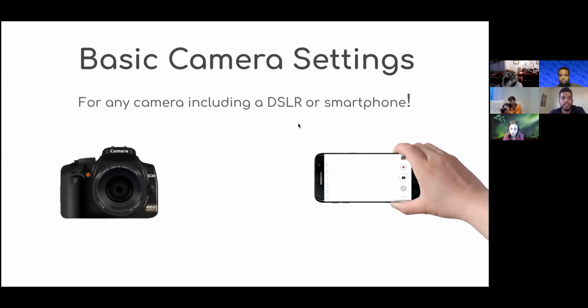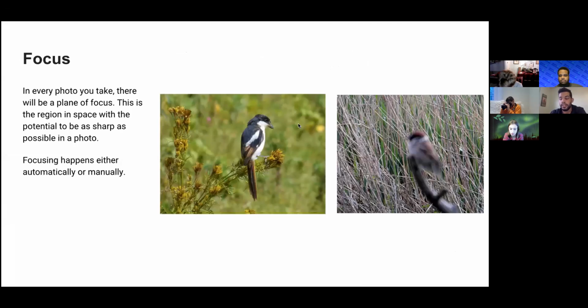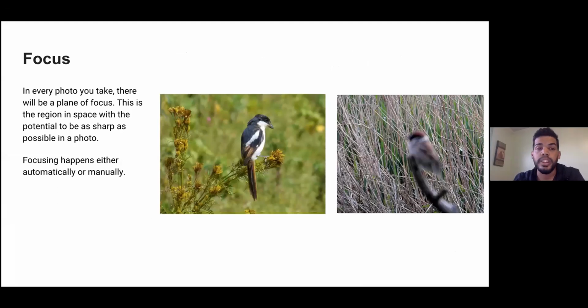There are a couple of things that we're going to go over. One is focus. In each photo, you can have different things stand out. As you can see in this picture, we have the bird that is very sharp. We can obviously tell that the picture we want to take is of the bird. Everything else, the grass, doesn't matter.